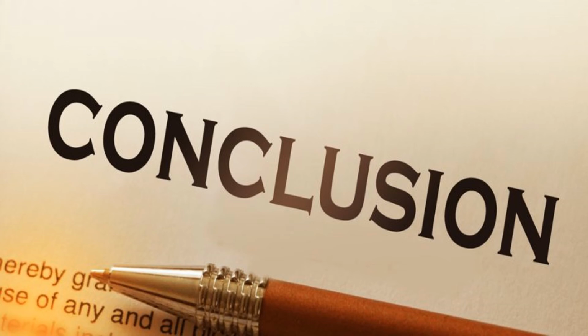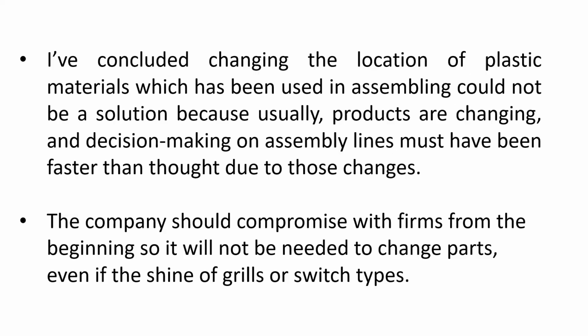This is the final main part, which is conclusion. I concluded that decision making must be faster and the company should compromise with other firms in terms of reducing delay time.